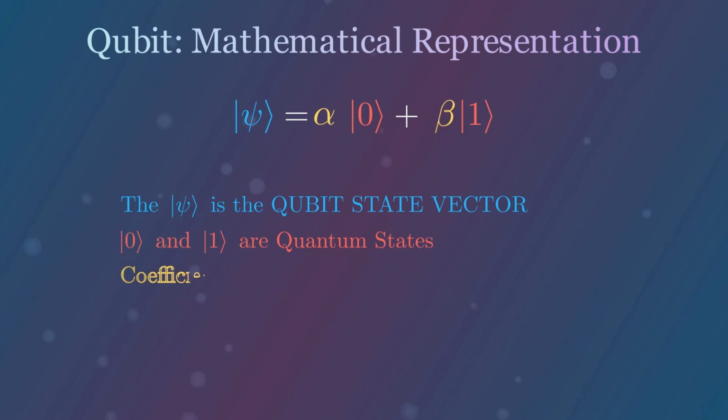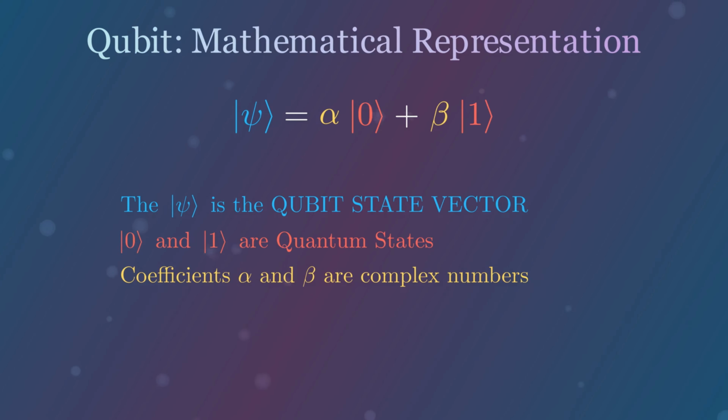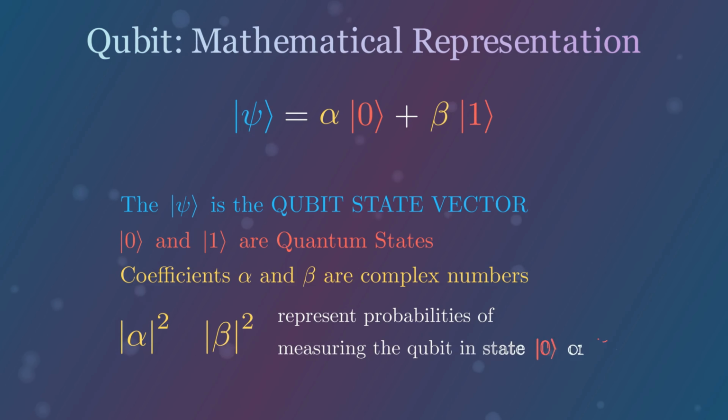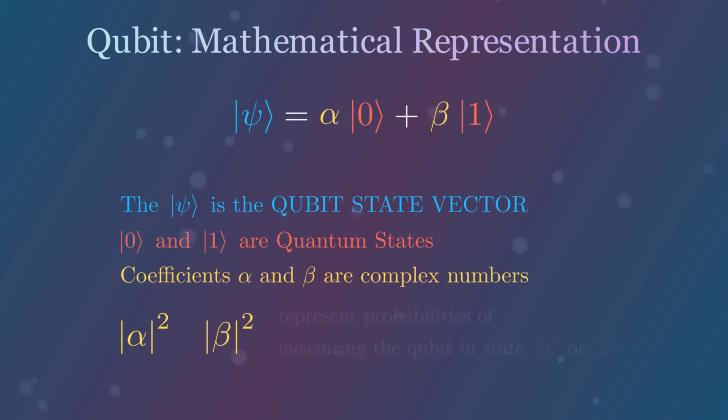The coefficients of these states, often denoted as alpha and beta, are complex numbers. Their squared magnitudes, alpha squared and beta squared, represent the probabilities of measuring the qubit in states 0 and 1, respectively. To ensure the total probability of the qubit state is 100%, alpha squared plus beta squared equals 1.